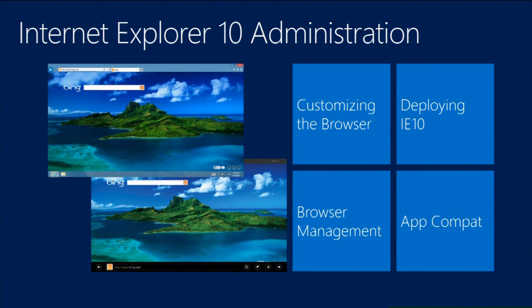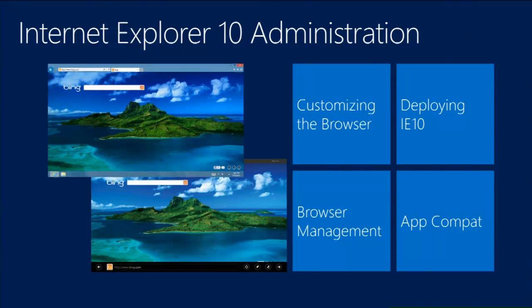All right. I did want to also kick this off by talking a little bit about the two experiences in Internet Explorer 10, because I realize this is a point of confusion. Microsoft had an interesting technical problem. The technical problem is this, and I think it's true for Windows, it's true for a lot of products, it's very true for Internet Explorer.